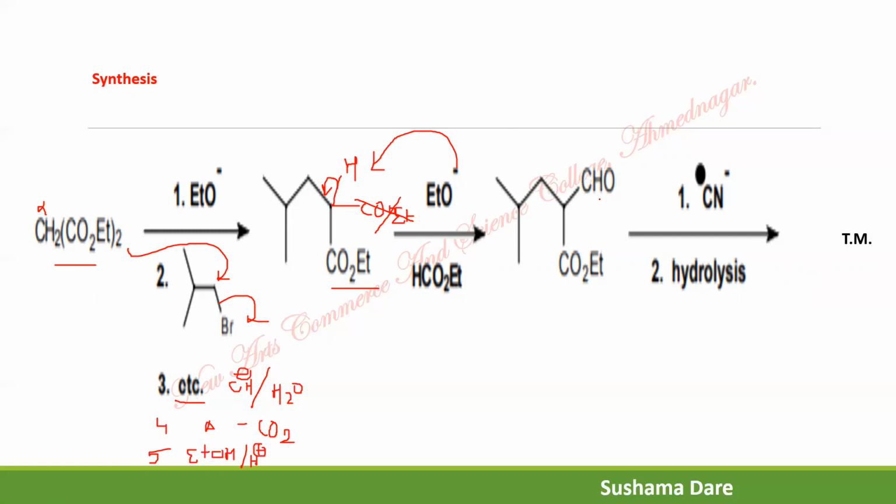Now your next duty is to add the cyanide group. So the cyano group attacks not the carbonyl group of the ester, but the more electron-deficient center, the carbonyl of the aldehyde. So it attacks over here and then you hydrolyze the cyano group to COH.